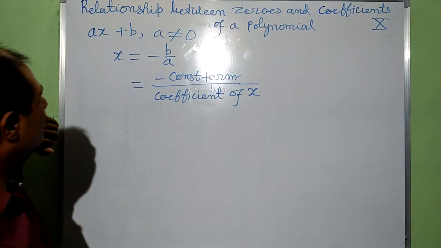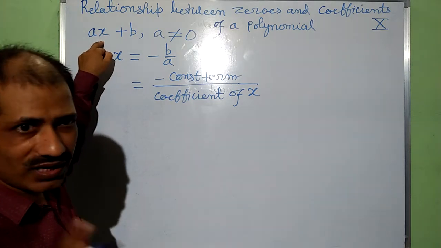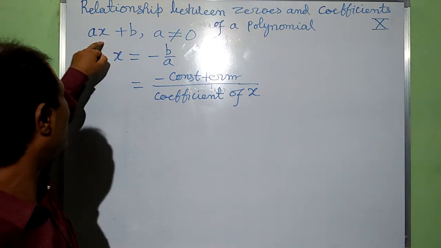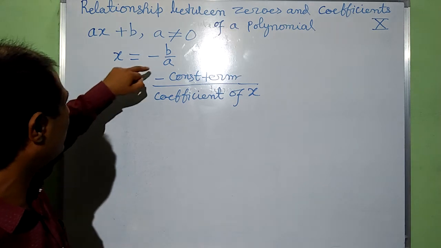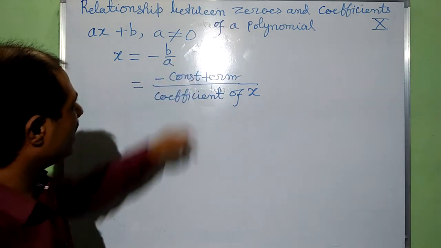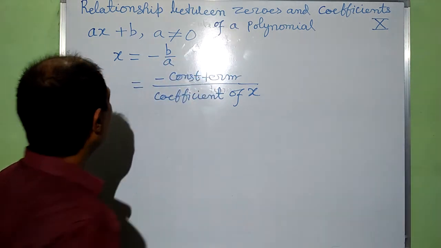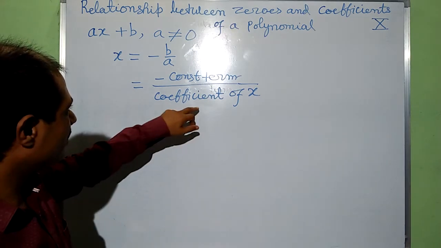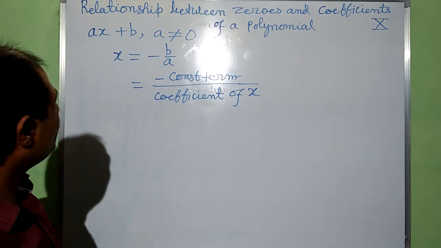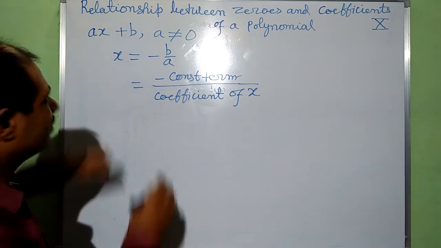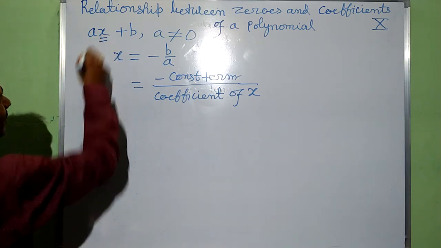So the zero of a linear polynomial is x equal to minus the constant term of the polynomial divided by the coefficient of the variable x.